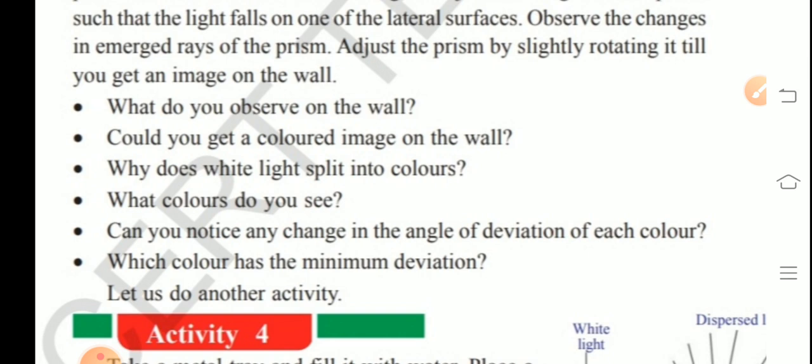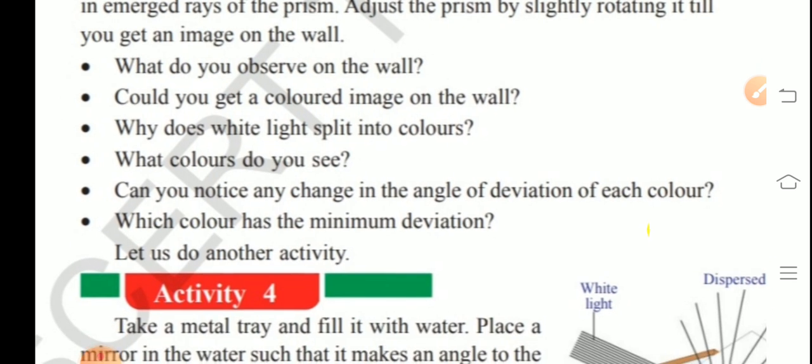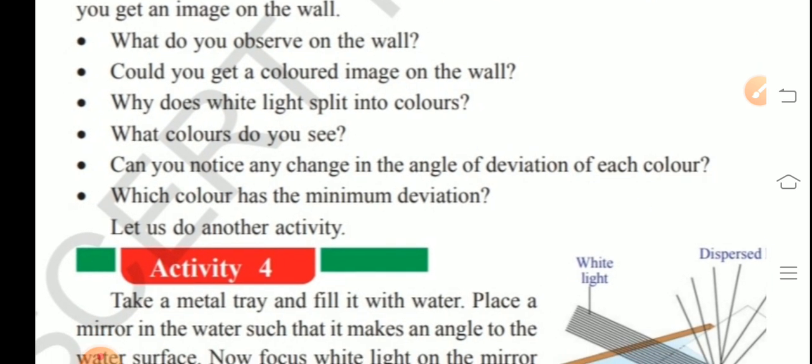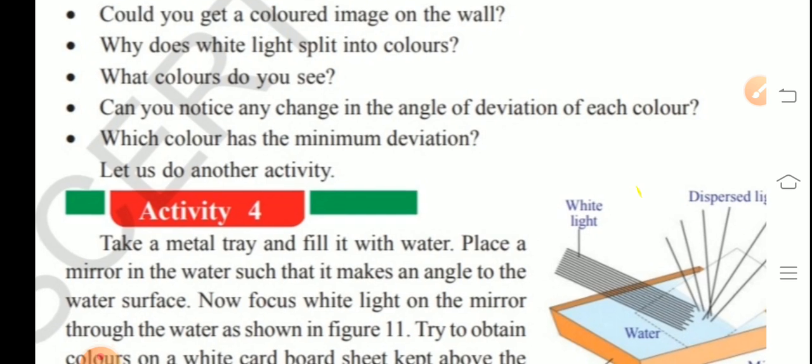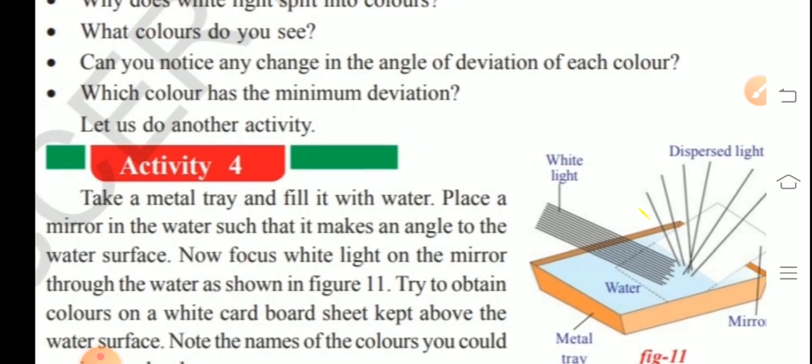Why does white light split into colors? Because we used a prism, a transparent glass medium. When white light passes through a transparent medium, it splits into 7 different colors, called VIBGYOR. What colors do you see? Violet, indigo, blue, green, yellow, orange and red. Can you notice any change in the angle of deviation of each color?